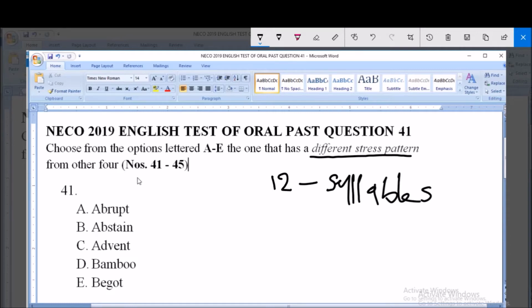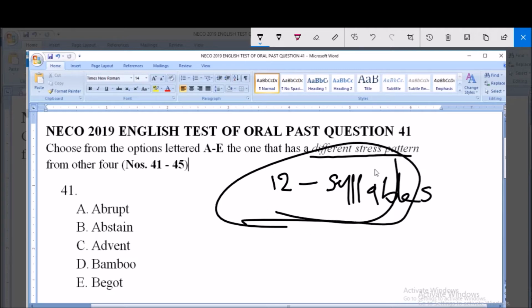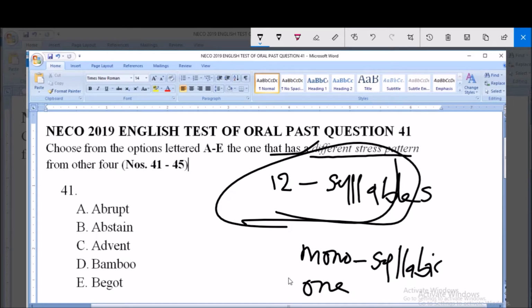So it is under this condition that we can talk of stress, unlike a monosyllabic word like one. So we cannot divide the word one into any unit or into any syllable.